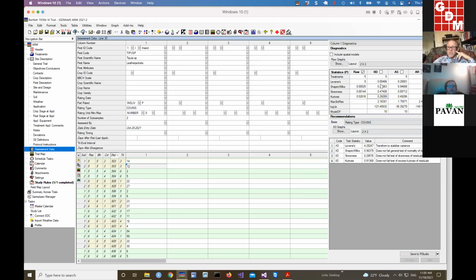We want you to go through and individually check each data column using the column diagnostics tab in order to correct for data transformations. One of the reasons we want you to do that is that I did find a case where sometimes the recommended transformation does not improve upon the assumptions of the heterogeneity of variances.